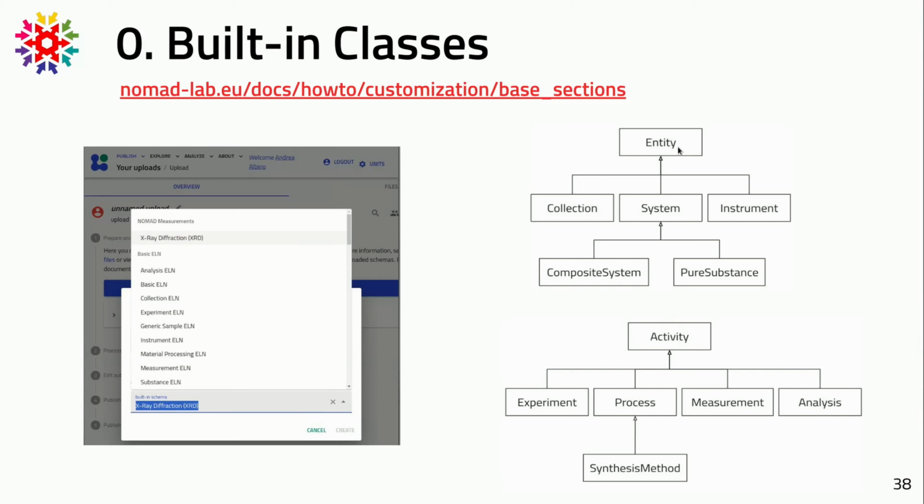For example, an entity can be either a system, that is the sample that we generate, or an instrument, and an activity can be of several types: a process intended as a synthesis process, or a measurement, or maybe some post-processing analysis. We also have this experiment class, that is something that Sarthak will show in the upcoming part, and this is the most general file that we can generate. We will see how process, measurement, and analysis will be structured as steps of this experiment.